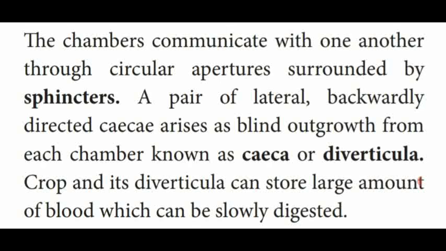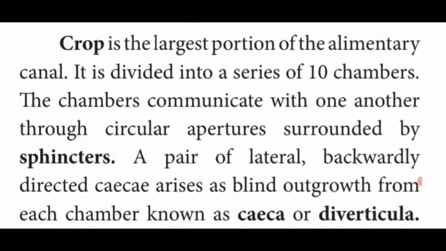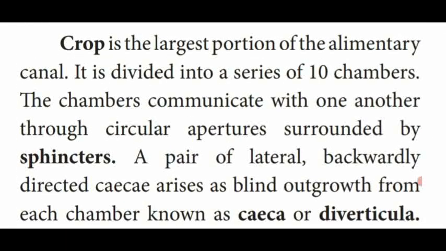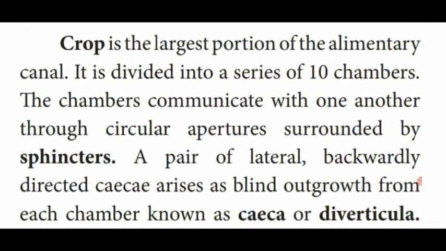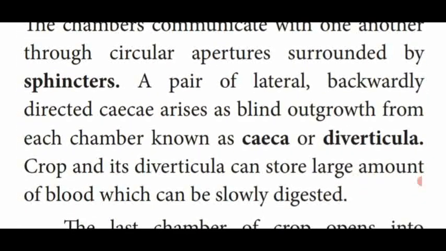So from each chamber of the crop a pair of lateral caeca arises, running backward. How many chambers does the crop have? 10 chambers. Each blind outgrowth is known as caecum or diverticula.